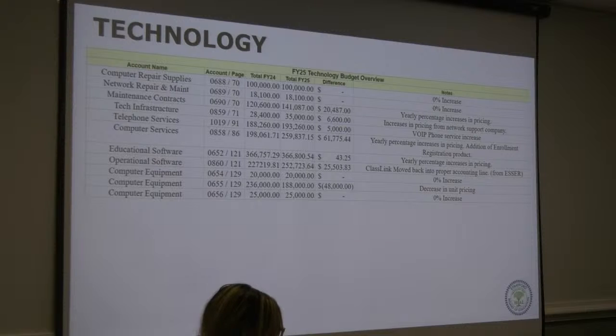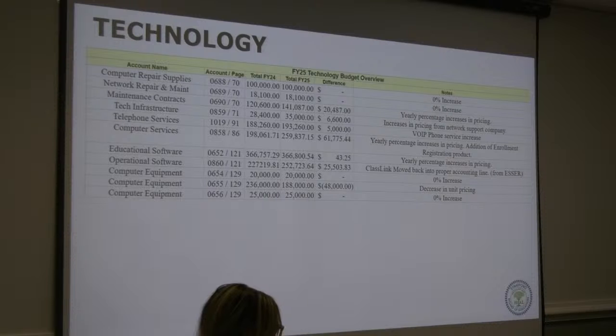Our VoIP phone system increased a little bit for the upcoming year. Our computer services, the biggest portion of that, we actually just brought on a new registration platform that went live on Tuesday, I believe. This makes registration for our schools a little more streamlined for parents, a little easier, a little quicker.